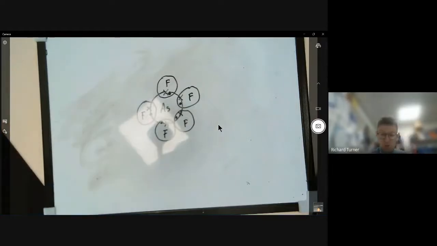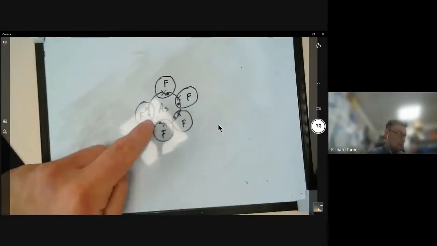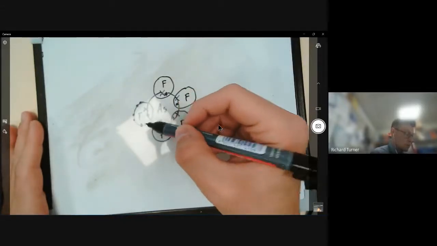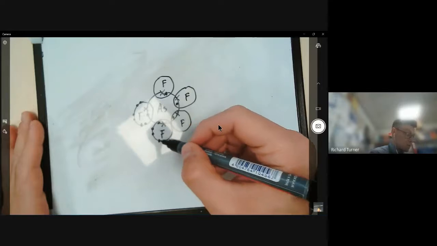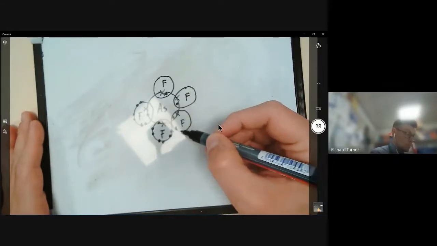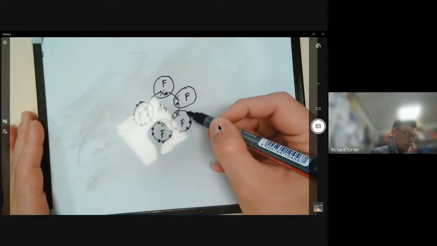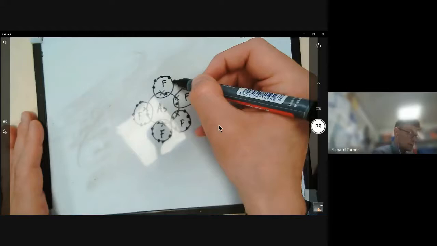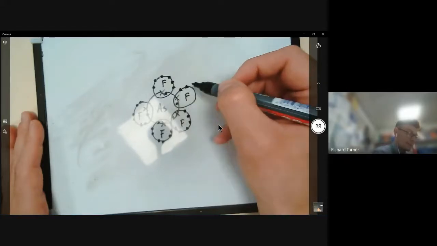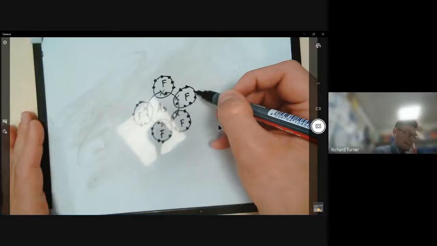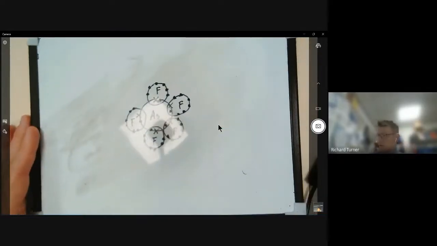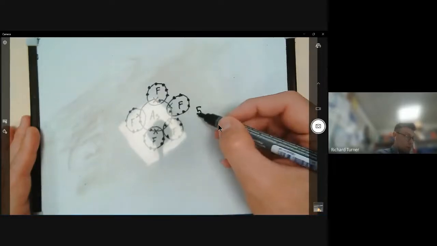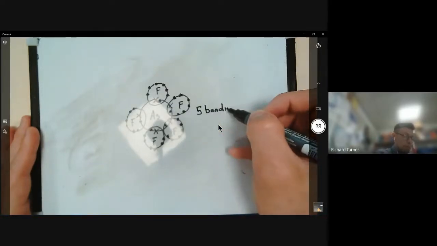We know fluorine is in group 7, so it's got 7 electrons. I've already put one there, so we can use that to add onto each one 6 more to complete the outer shell. Okay, so already we can use this model to give us an idea, a scaffold to what this is going to look like. Okay, so now 1, 2, 3, 4, we have 5 bonding pairs.